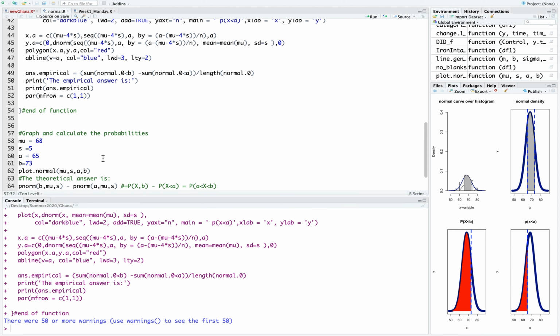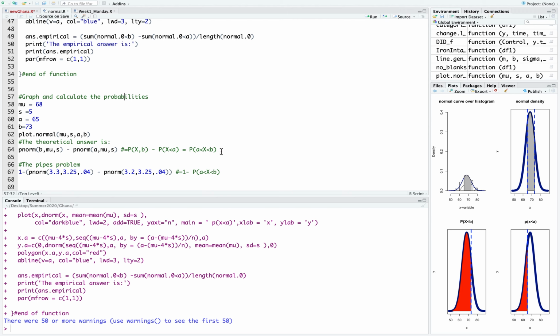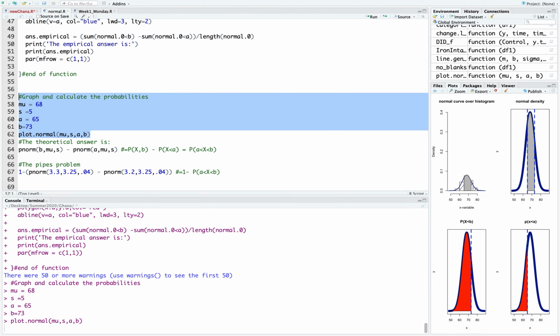And I'm going to shade the probabilities that we want to calculate. Okay, so I'm going to fill in my parameters. The mean is 68, the standard deviation is 5, and I want to calculate the probabilities between 65 and 73. My function, by the way, is called plot.normal, and it's going to produce for me a couple of plots.